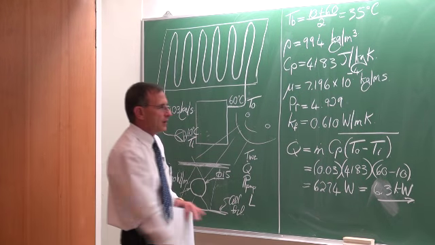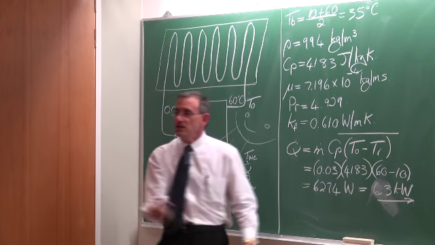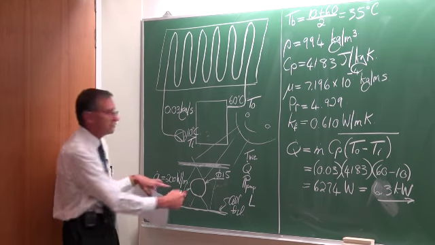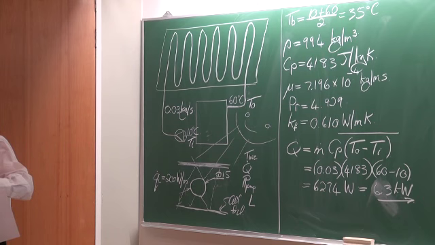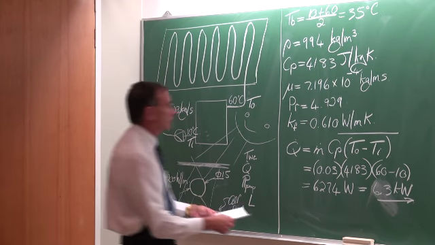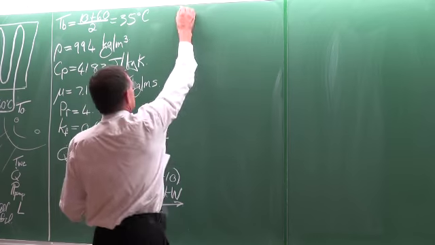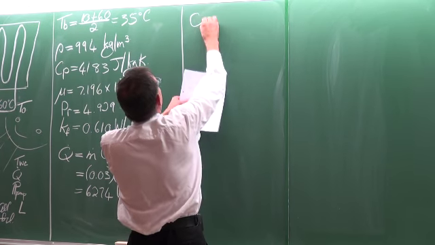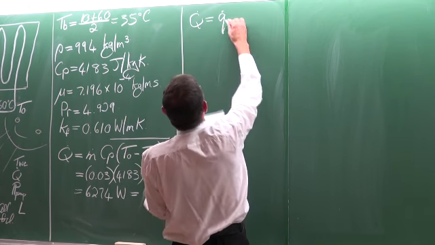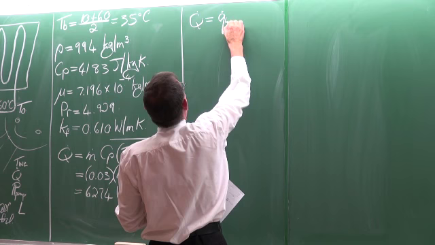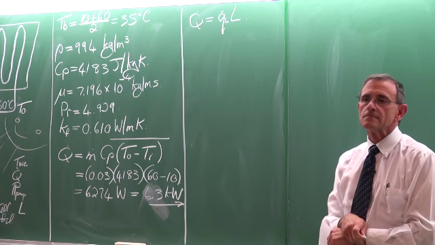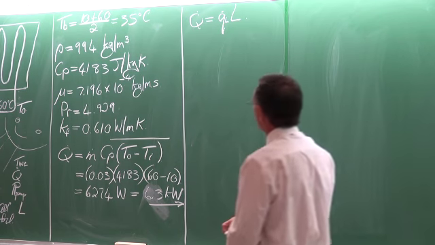Right, now, this is how much we need. We need 6.3 kilowatts. For every 1 meter, we can get 200 watts. So it is very easy to determine the length required. So we can say that the heat transfer rate would be equal to that heat flux multiplied by the length. Okay.